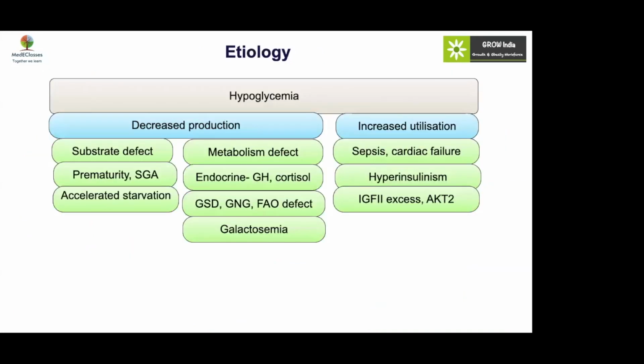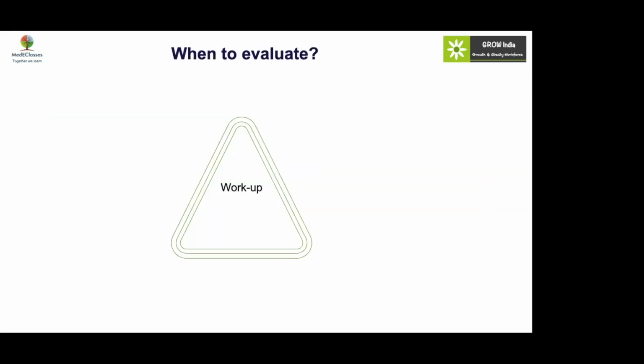It can be decreased production on one hand, increased utilization on the other. Most important thing to remember here is that if your glucose requirement is within 6 to 8 milligram per kg per minute, you're talking about decreased production. While if you're talking about around 12 and above, you're talking about increased utilization. The most common cause of increased utilization is hyperinsulinism.